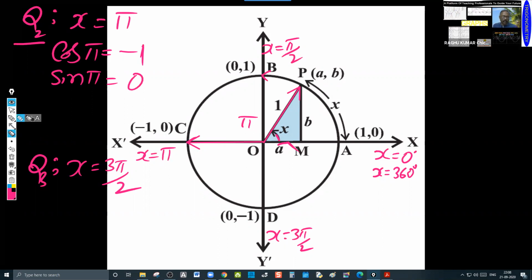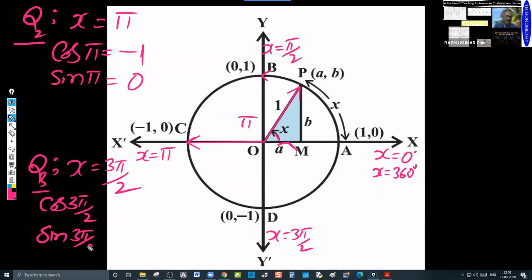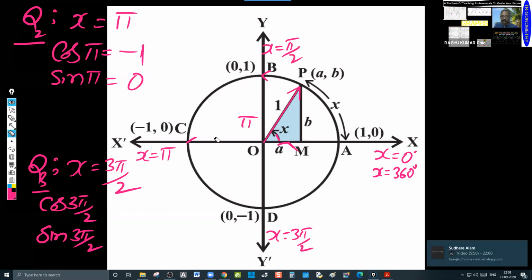Now, if you take x equal to 3 pi by 2, I'm interested in the values of cos 3 pi by 2 and sin 3 pi by 2. Now I'll show you through the diagram also, so that you can comfortably answer this.